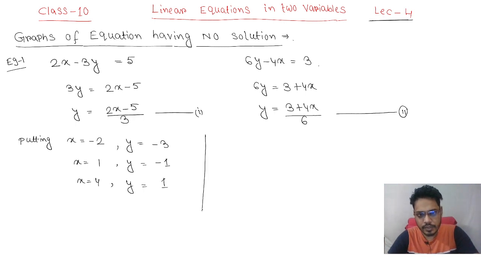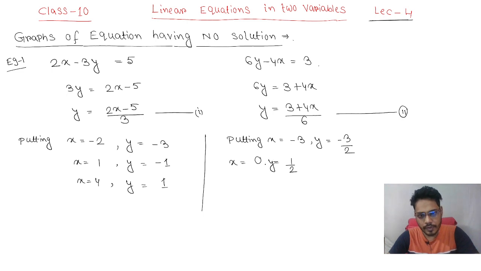Now in the second equation, putting x is equal to minus 3, then y will be equal to minus 3 by 2. Now if x is equal to 0, then y will be equal to 3 by 6, that is 1 by 2.